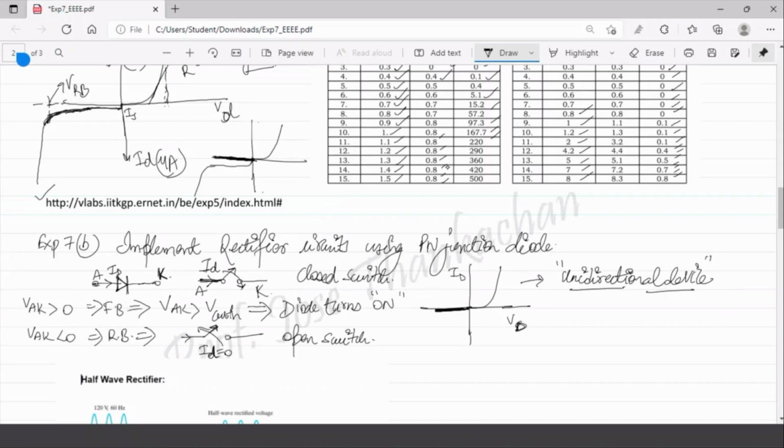This property helps us to use this PN junction diode in which type of circuits? In rectifier circuits. Now what is a rectifier? Who will tell me what is a rectifier?